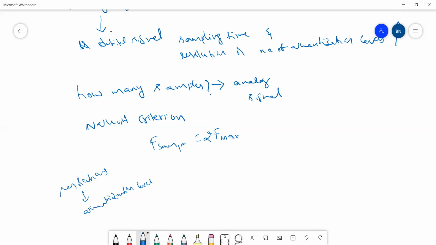The main important thing to keep in mind from this discussion is that whenever we are converting the analog signal into the digital signal, in order to make sure the information represented by the digital signal and the analog signal is the same, we take more samples and more quantization levels. If more quantization levels and more samples are taken, there will be no difference between the analog signal and the digital signal.